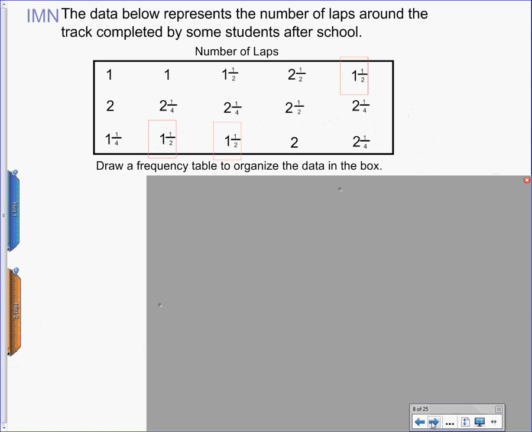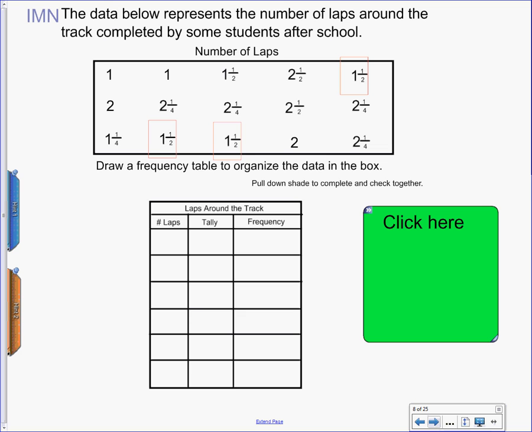Here, I gave them this piece of paper to glue into their journal, and they had to make a frequency chart based on that information. So together we decided what the order of numbers would be. So it would be 1 is the smallest, then we have 1 1/4, then we have 1 1/2, then we have 2, then we have 2 1/4, and 2 1/2.